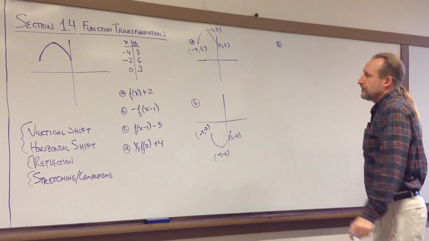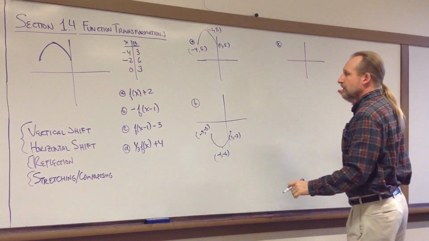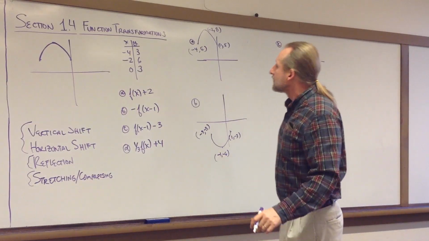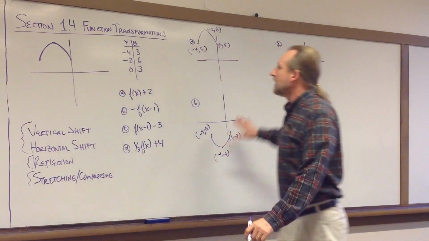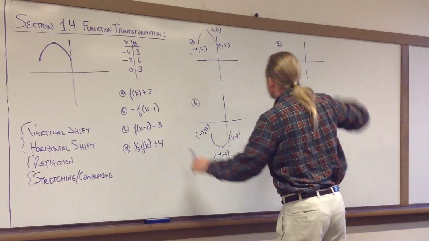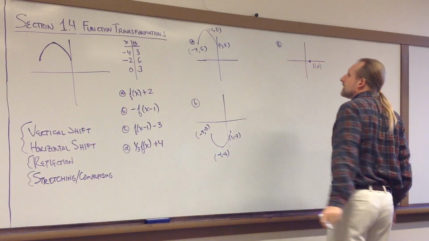Okay. F of x minus 1 minus 3. So that's going to push it to the right and then down 3 places. Okay. So again, let's see. If we start out here with the 0, 3, that'll push it over to 1. This will push it over to 1. And then this will push it down to 0. So 1, 0 is going to be right there.